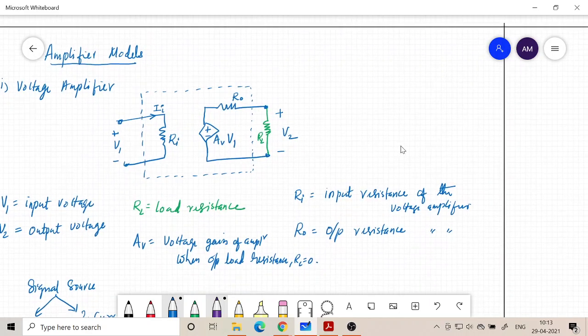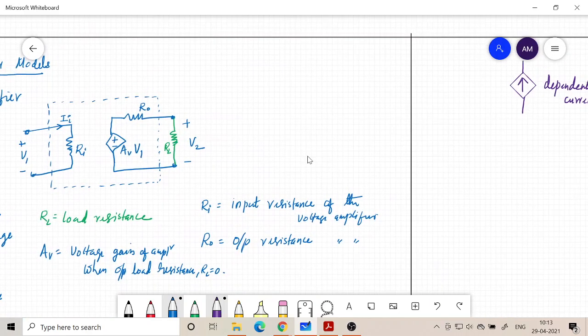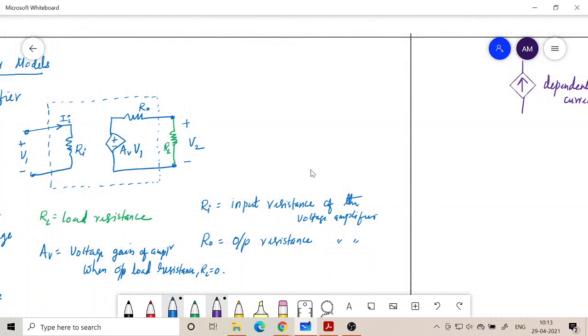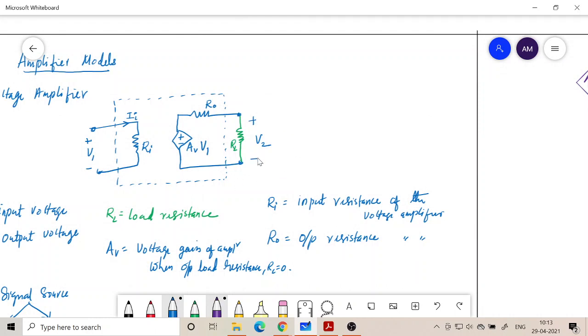Now when do we say that the voltage is amplified, so that it would function as an amplifier? Definitely we should get a V2, the output voltage, greater than V1. So only if the ratio of V2 by V1 is greater than 1 can this model function as an amplifier, and only under certain conditions.